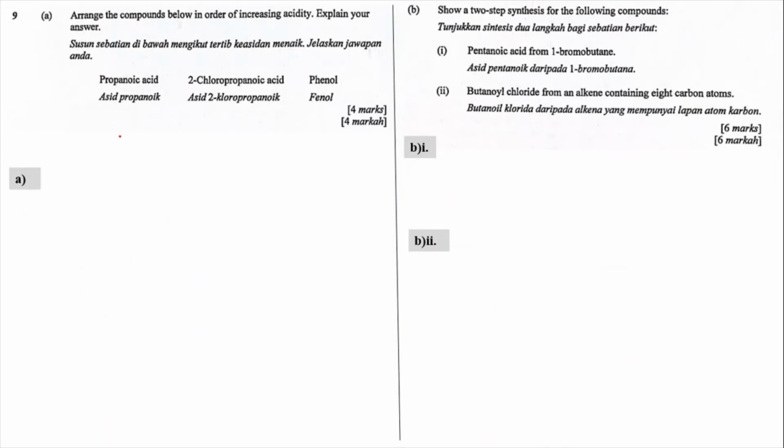So for question 9, we have to arrange the compounds below in the order of increasing acidity. For acidity, we're going to look into the conjugate base, where the conjugate base means that the acid will lose its hydrogen. And the more stable the conjugate base, the more acidic it is.